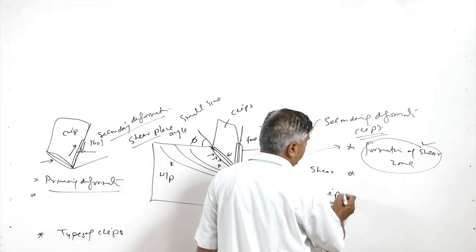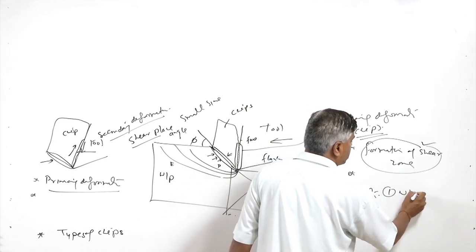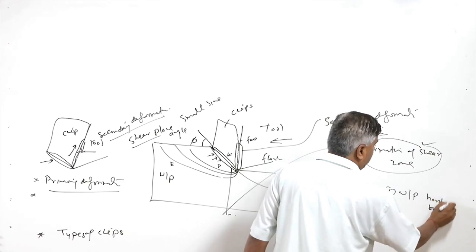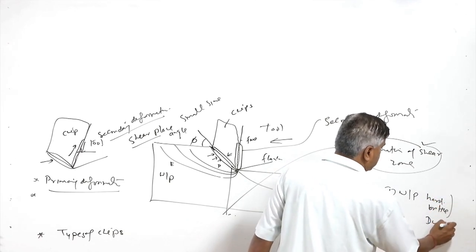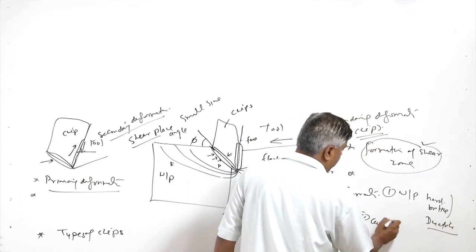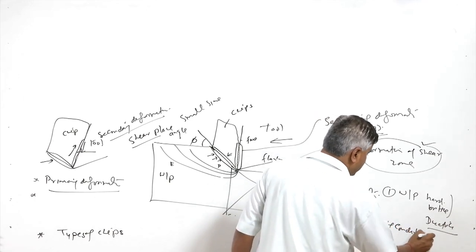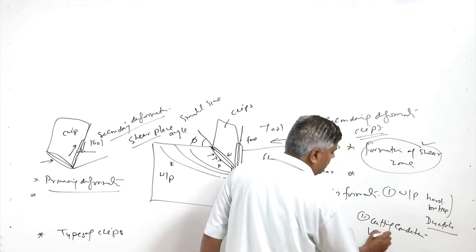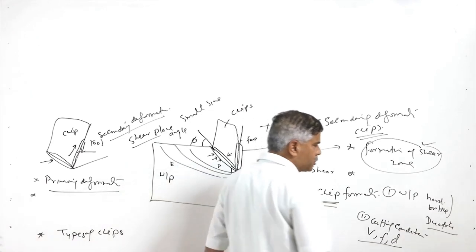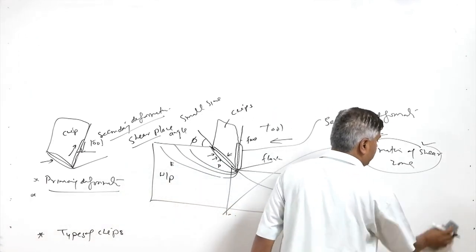Apart from that, chip formation is also affected by the workpiece material, whether it is hard, brittle, or ductile. The second is that the cutting conditions, including cutting speed, feed, and depth of cut, also affect the chip formation during metal cutting.